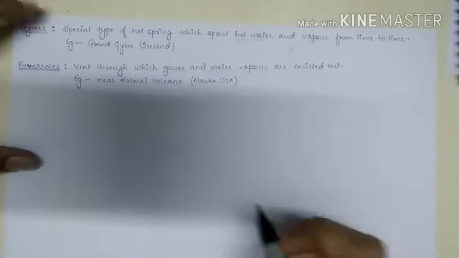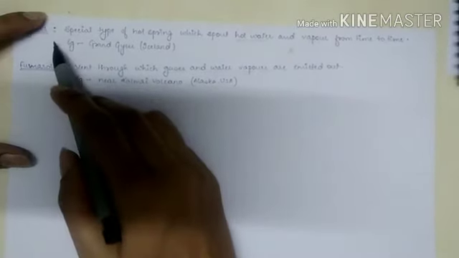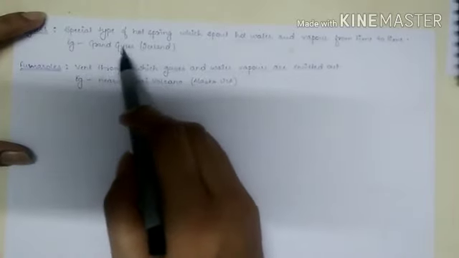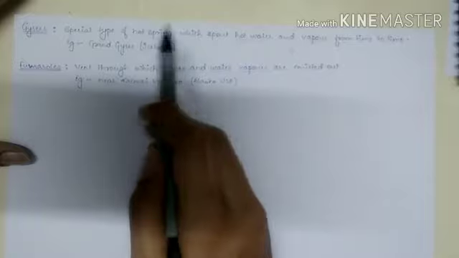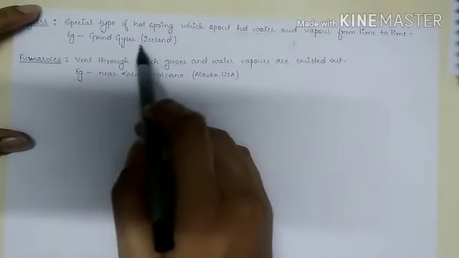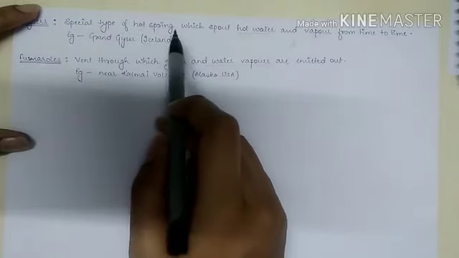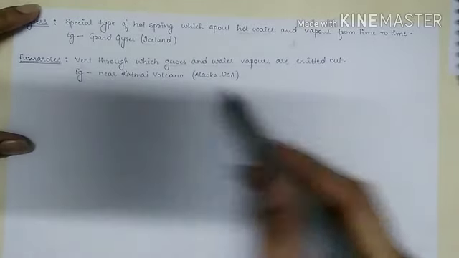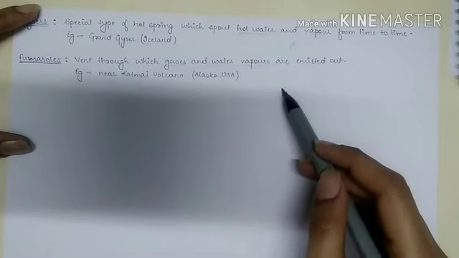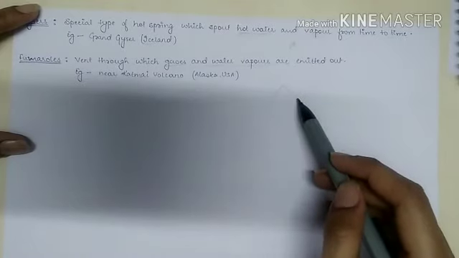Now we will look into some examples of geysers. The best example of a geyser is the Grand Geysers in Iceland. Fumaroles basically occur near volcanoes, volcanic cones.